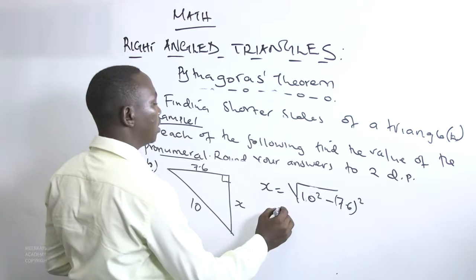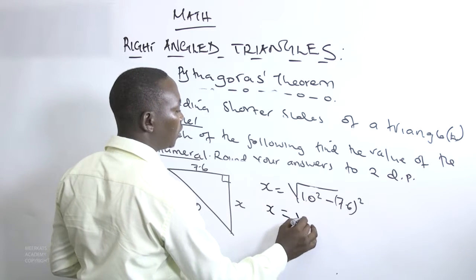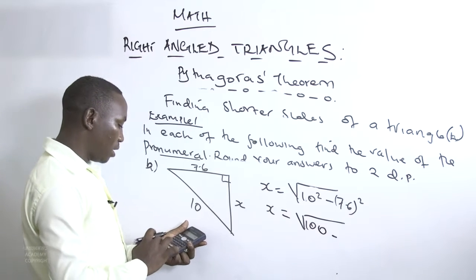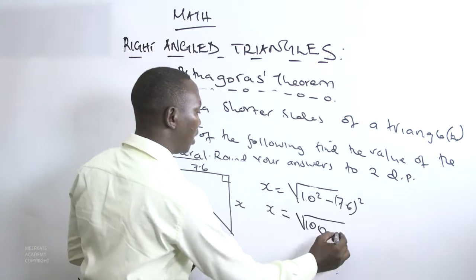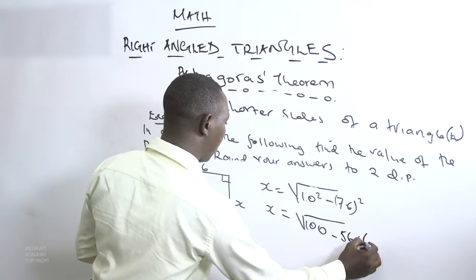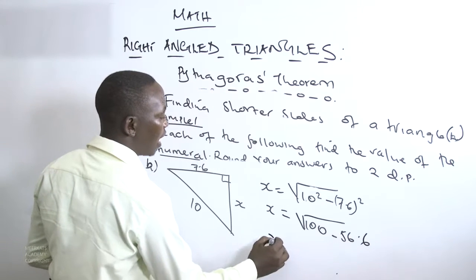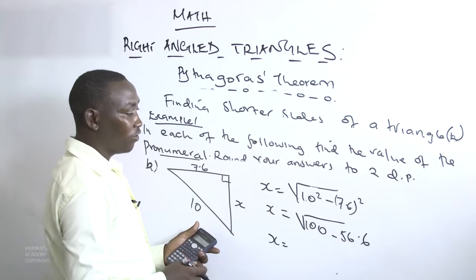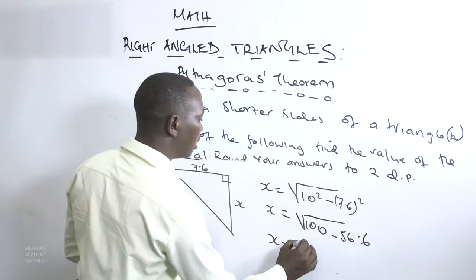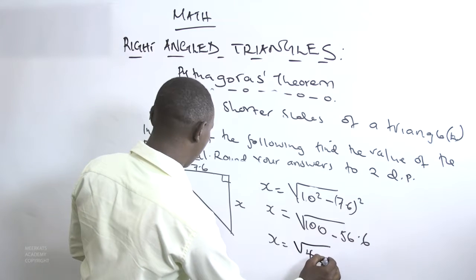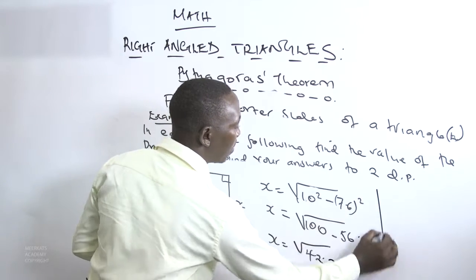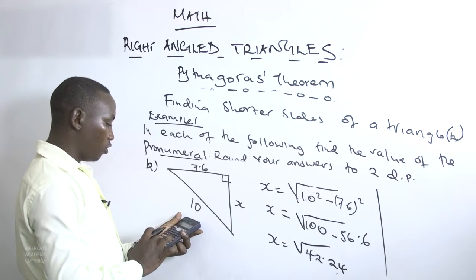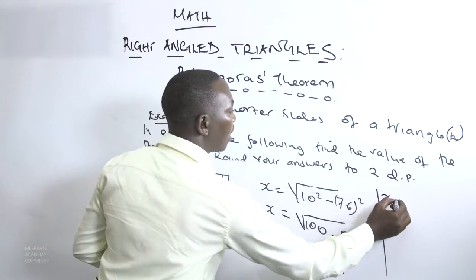When we do this, we get X is equal to the square root of 100 subtract 7.6 squared, which is 56.6. X will therefore give us the square root of 100 subtract 56.6, which is the square root of 42.24.